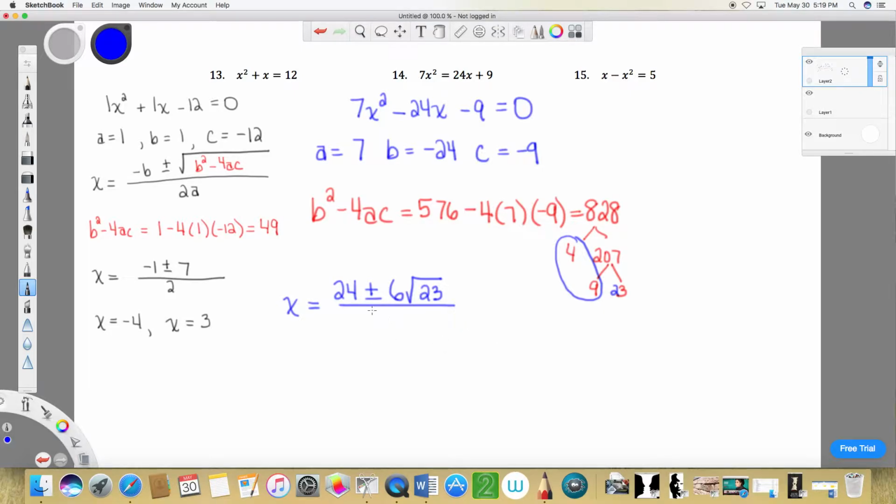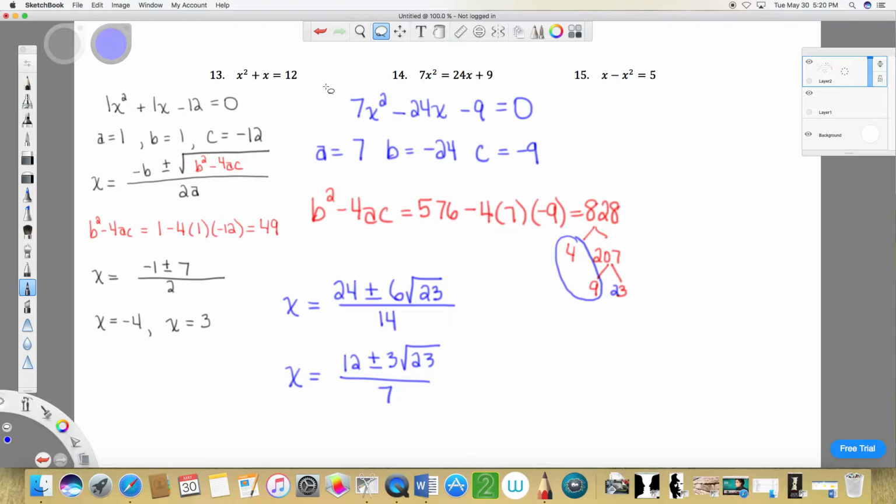I've got 2 times a in my denominator. 2 times 7 is 14. These are even numbers, so I can reduce this fraction. 2 divides 24. 2 divides 6. And 2 divides 14. So that's the solution I'm getting here for number 14.